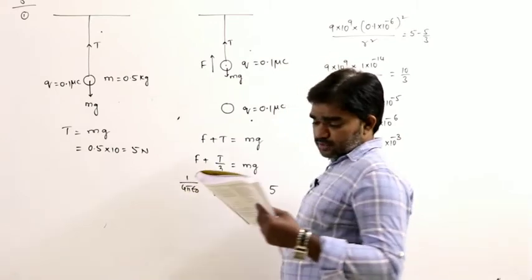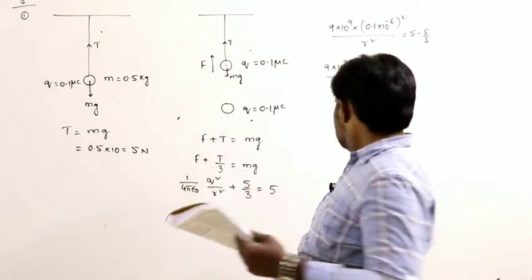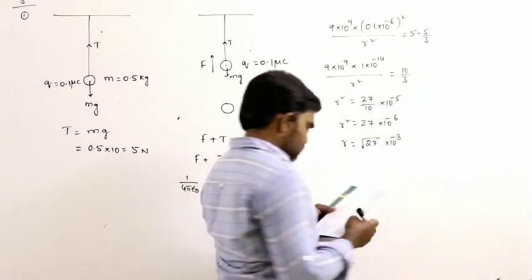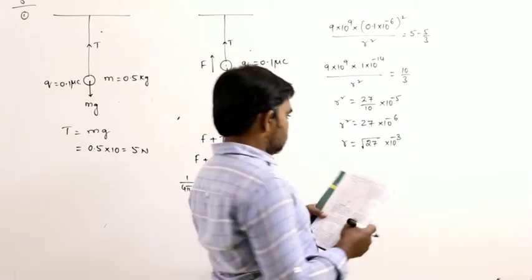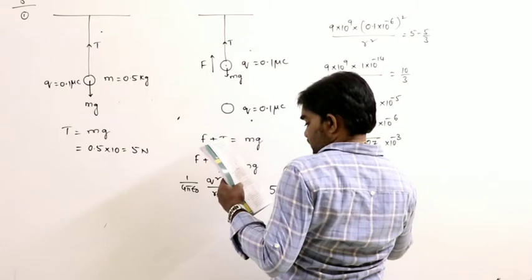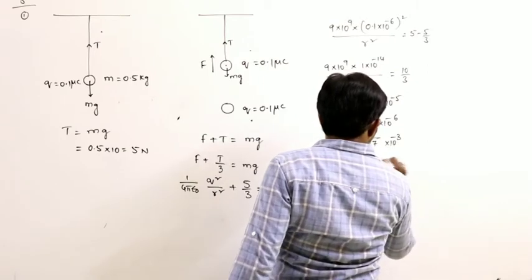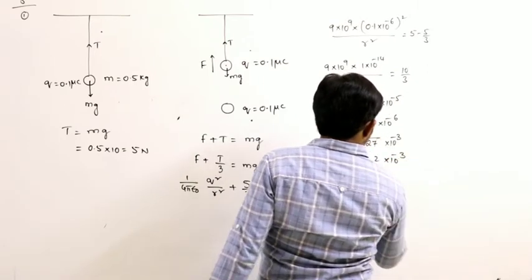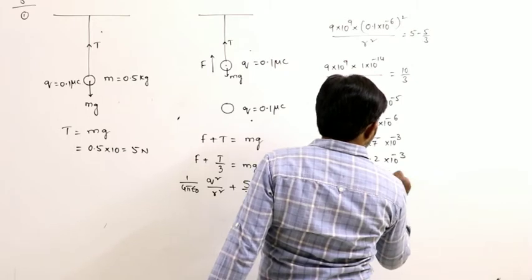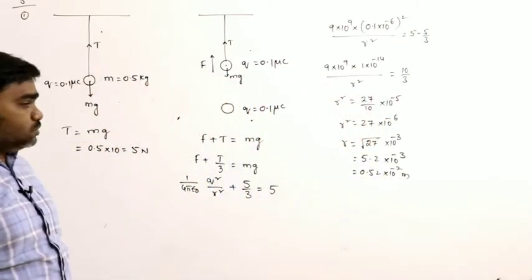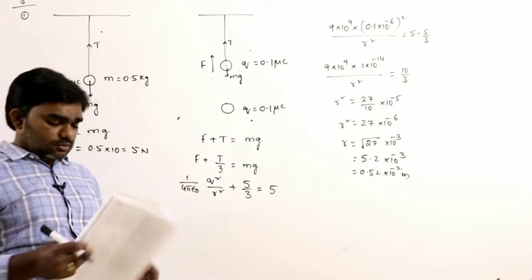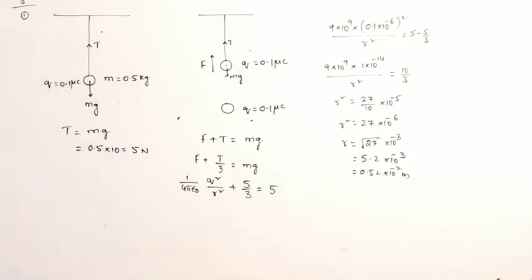The approximate value: root of 27 means 5 point something, let us say 5.2 into 10 to the power of minus 3. This can be written as 0.52 into 10 to the power of minus 2 meters. So this is the situation. This is the first question. Next.